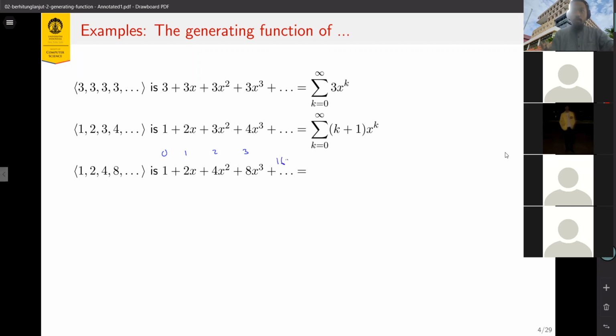Should be 16x to the power of 4, right? This is k4. So what is the sum? The sum of k from 0 to infinity of 2 to the power of k, x to the power of k. Correct.